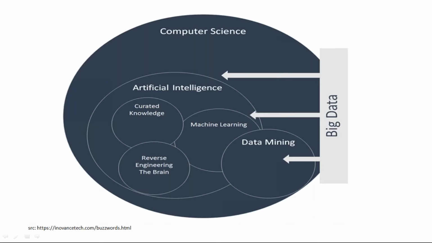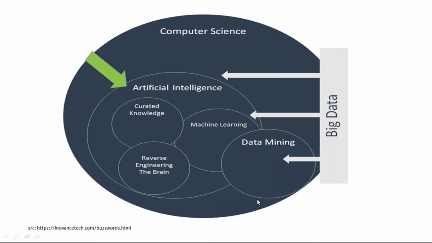And now here is a diagram where we'll see what AI is and where it fits in our broad domain of computer science. So this is where AI is. You can see the AI circle, which majorly includes machine learning.